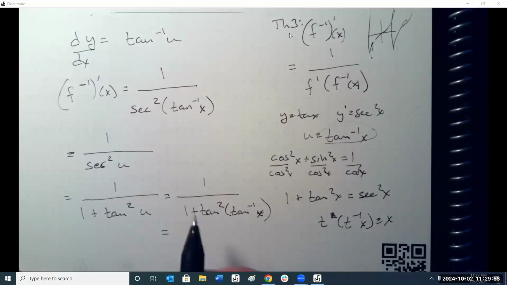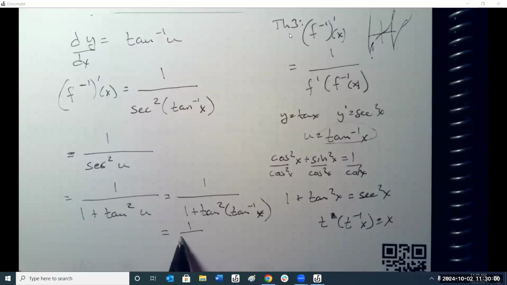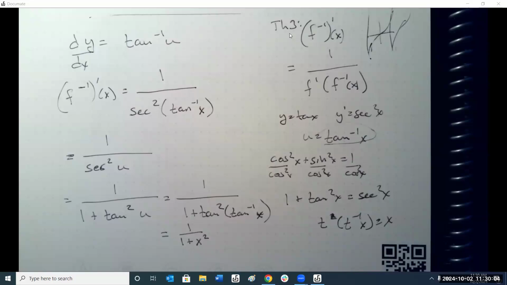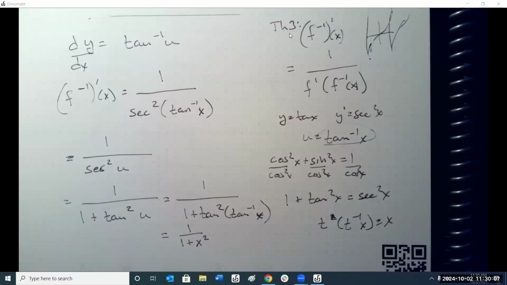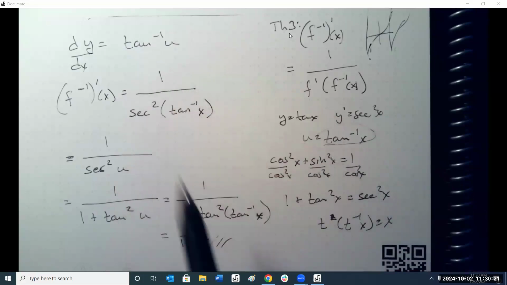So what this one becomes is 1 over 1 plus x squared. That's particular to this one.